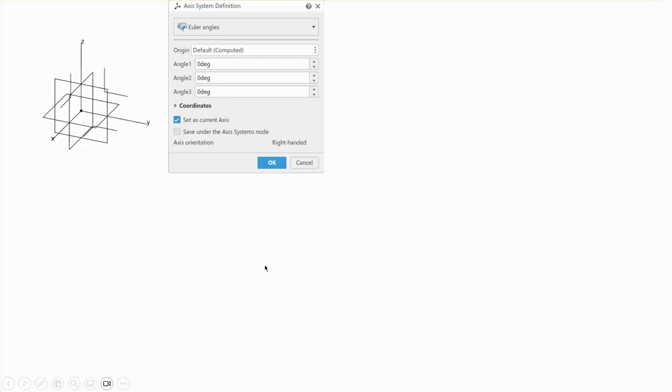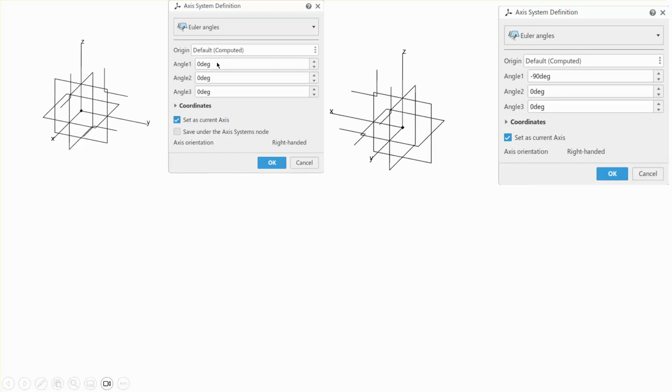Okay, here's another one. Let's click on the axis system again. By default, it creates an axis system aligned with the global directions. Now, if you put a negative 90 here, remember Z, X, Z, it goes to the Z axis and rotates it by minus 90 degrees.